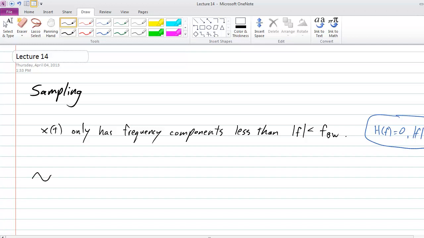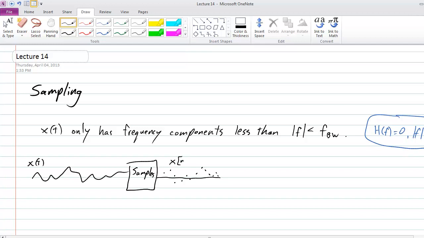let's say here's our signal, x of t, and we can take samples of it so that what comes out here is a discrete time signal, x of n.